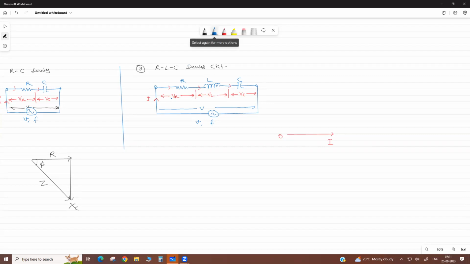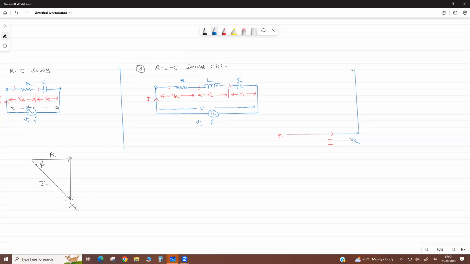Now the voltage drop across R is in phase with the current. This is your VR, because it is IR. VR equals IR. Okay. Now due to L, the drop is perpendicular to this resistance.